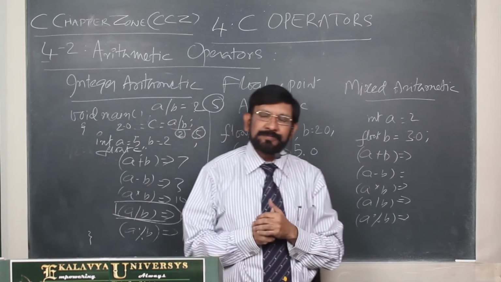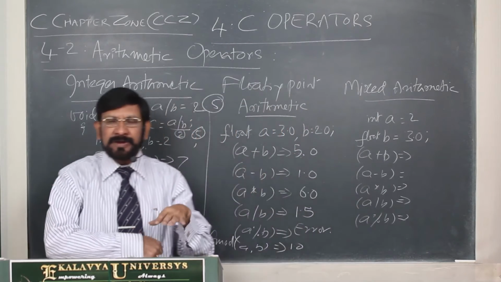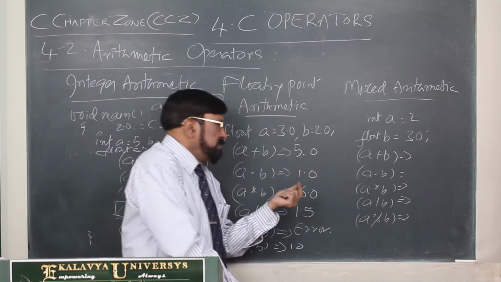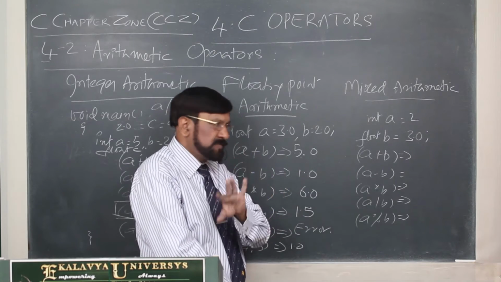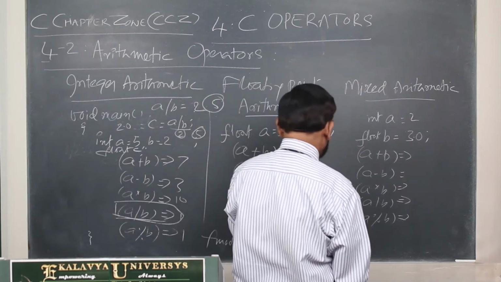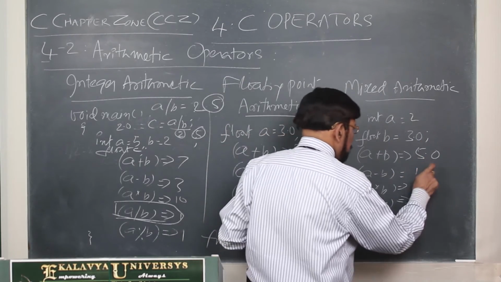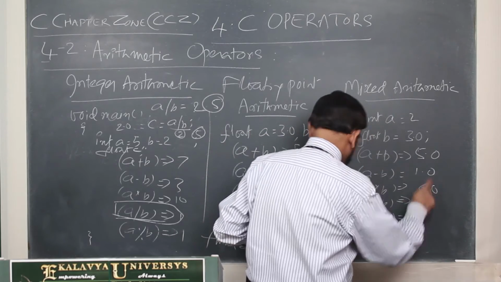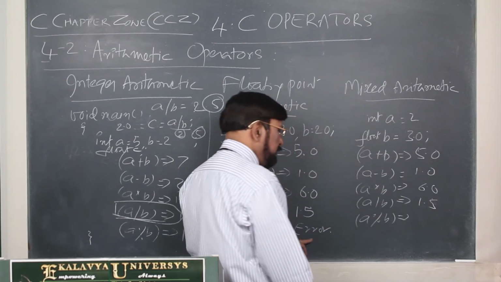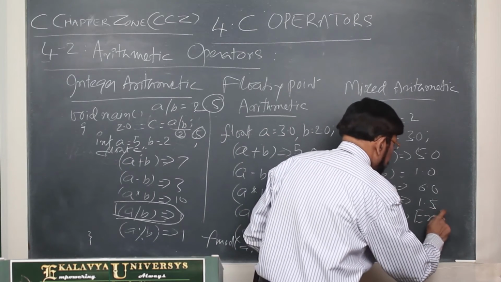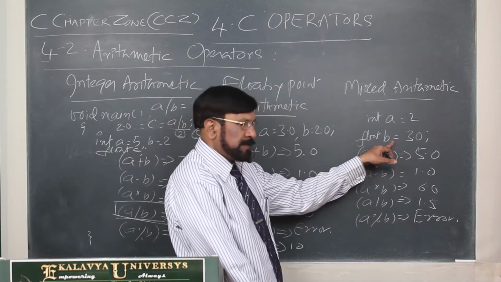Thereafter, mixed arithmetic. Mixed arithmetic means one operand is int, the other operand is float. In such a case, int versus float is float, float versus int is float. Same results are generated. Here you see, this is 5.0, this is 1.0, this is 6.0, this is 1.5, and this is error. This is an error because one floating point operand is there.